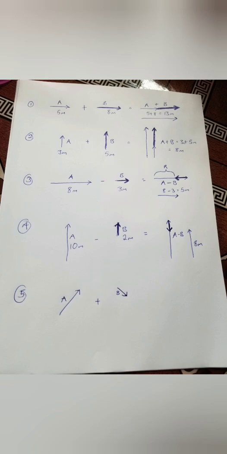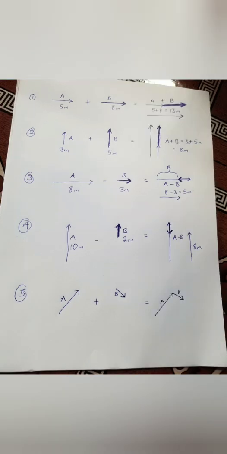You follow the same rules that we've been following all along, head to tail. So if you have vector A acting in a certain direction, you take vector B exactly the way it is and place its tail on the head of vector A without changing its direction. So make sure that as you translate vector B to vector A, you don't change the direction in which it's facing.